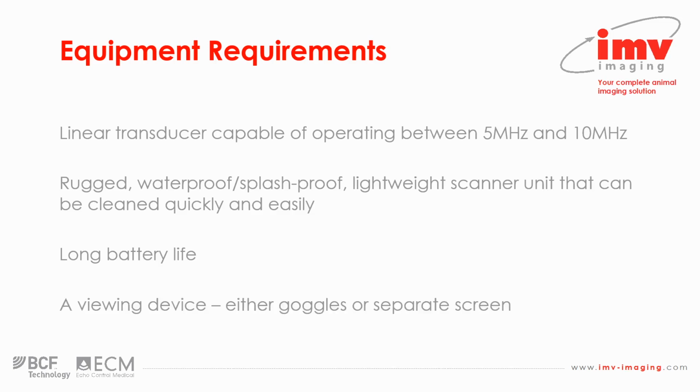Modern equipment tends to come with either goggle type devices, and they may be wired, or we now actually produce wireless goggles, or it may be some separate form of screen. That screen might be inbuilt as part of the scanner unit itself, or that screen might be separate, not wired in, and connect wirelessly.